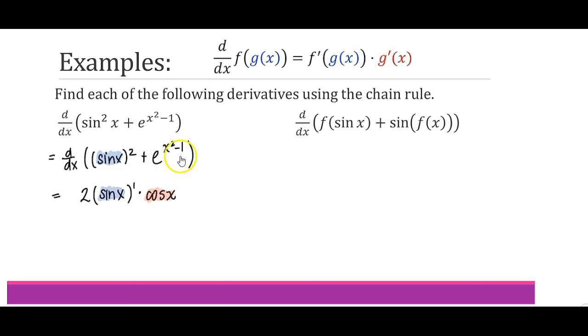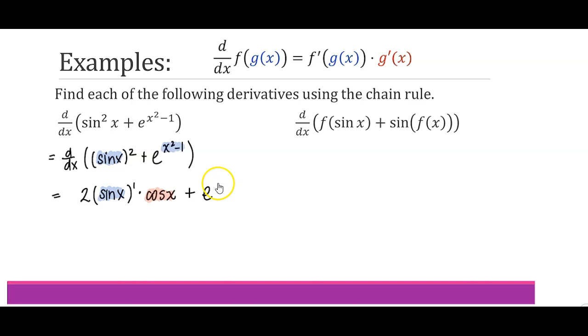Now we'll take a look at the second part, which also requires a chain rule because the inside function is x squared minus 1. The outside function here is e to the x, and the derivative of e to the x is just e to the x.